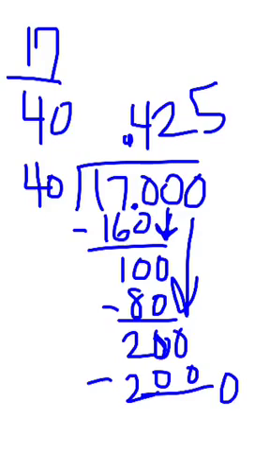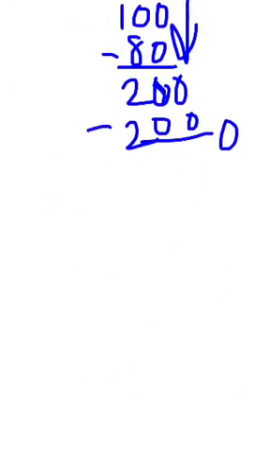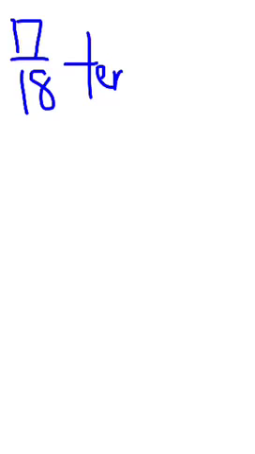Let's look at one more fraction where we have to round to a particular place value. We're given the fraction 17/18, and we need to round our answer to the tenths place.